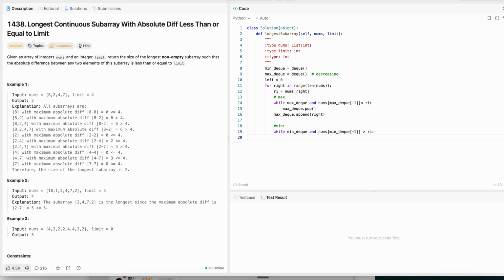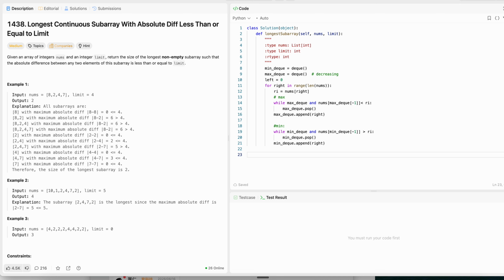We pop until it's increasing. Okay. Min deque append right. Okay.